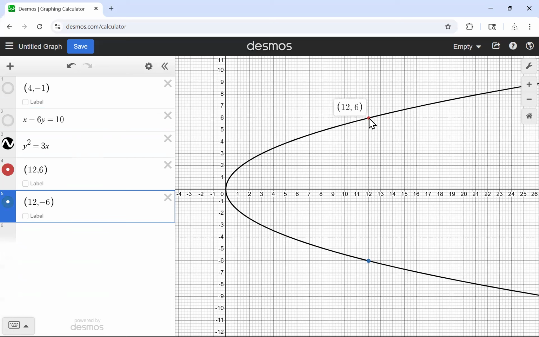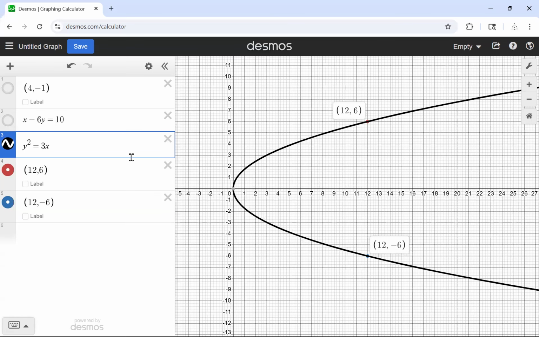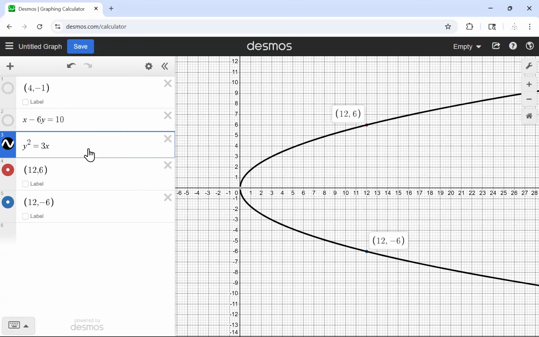We get this point and we get this point. So this is the graph in black of all points which satisfy the equation y squared equals 3x. Again, on Desmos, you can graph it by just typing in y squared equals 3x.